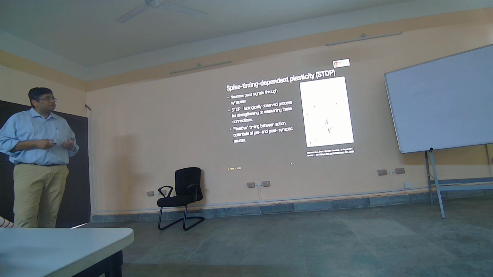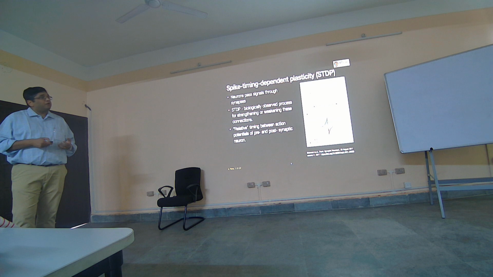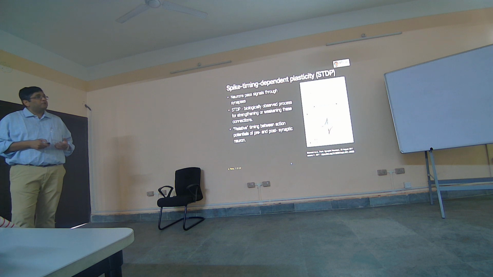So, how does a neuron identify whether an action is causing a reaction or not? That is based on something known as spike timing plasticity, where essentially we look at the timing. You always have a pre-neuron and a post-neuron, right? And if the post-neuron fires after the pre-neuron, we judge that the system is causal.